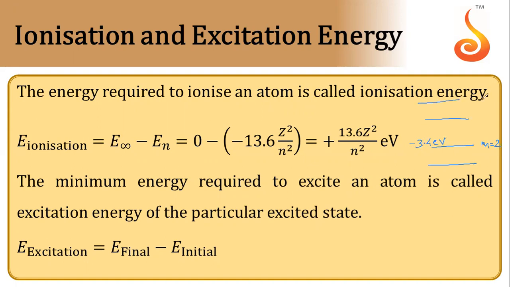We know at the infinitieth orbit, the energy will be 0. So how much energy do we need to provide to the electron in the second orbit so that it moves there? If I supply 3.4 electron volt of energy, its total energy will become 0, and it will reach n equals infinity, or it will get ionized.